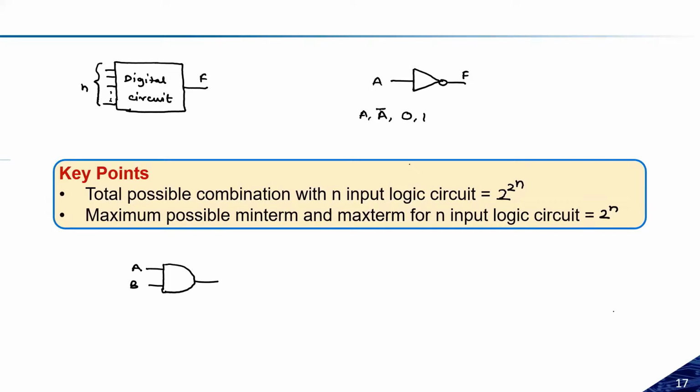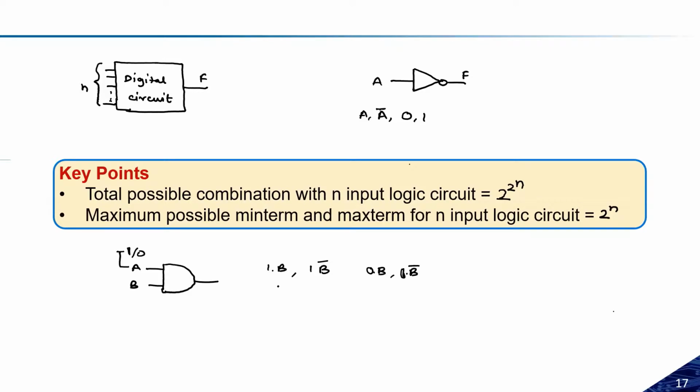The next possible combination could be, keep it to VDD, meaning logic 1. So 1 into B is the next possibility. 1 into B bar is another possibility. Now I can keep it 0. So 0 into B is one possibility, 0 into B bar is another.